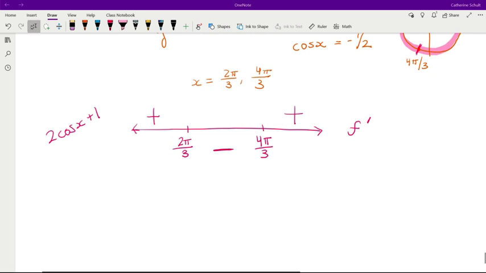So if our derivative is positive, that means f is increasing. Or excuse me, this is y. Y is increasing on those intervals.